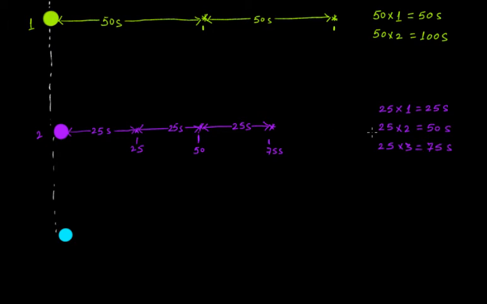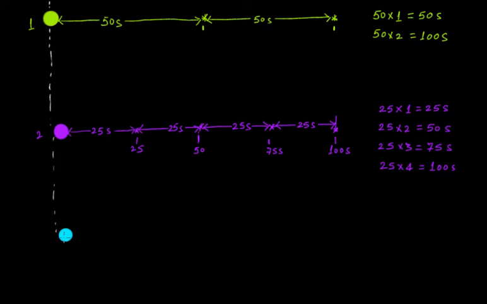It will again remain for 25 seconds and change at 100 seconds. So it changes at 25, 50, 75, and then at 100 seconds. So 25 times 4 is 100 seconds.